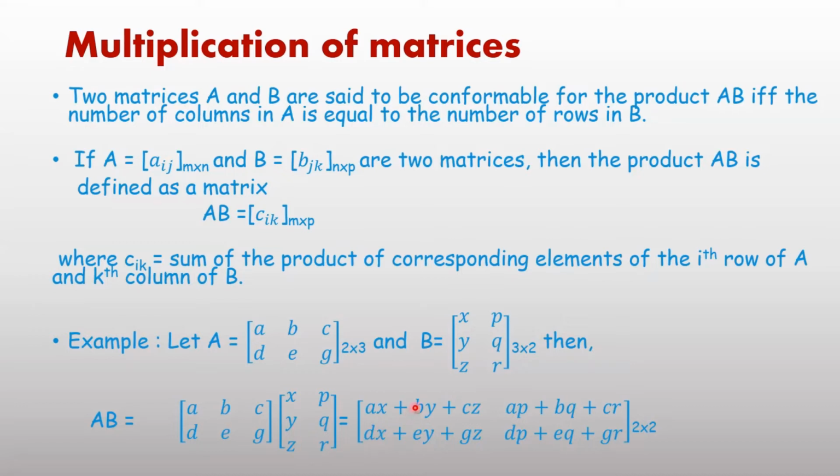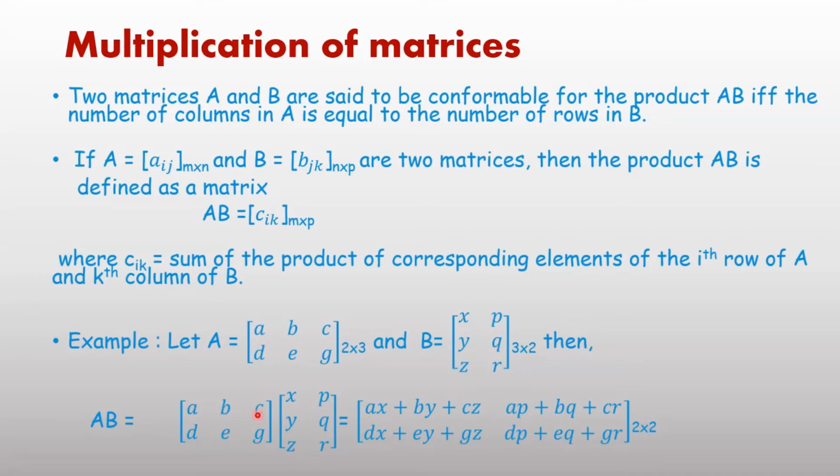For the first element, take the first row from the first matrix and the first column from the second matrix. The sum of products of corresponding elements of the ith row and kth column: here the position is A11, meaning first row, first column.